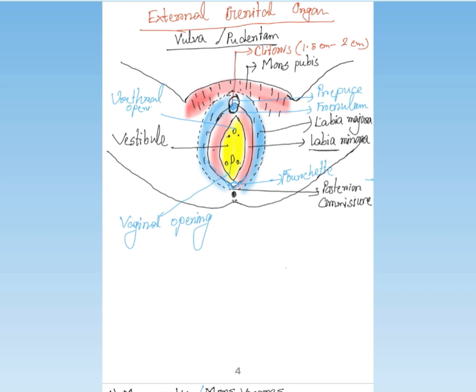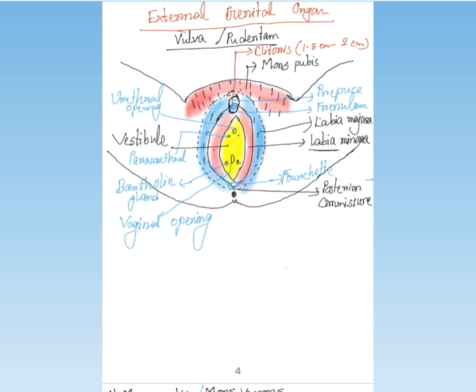On two sides of the urethral opening, you can see small openings, which we call the paraurethral glands. Another opening here is the Bartholin gland, also 2 in number.